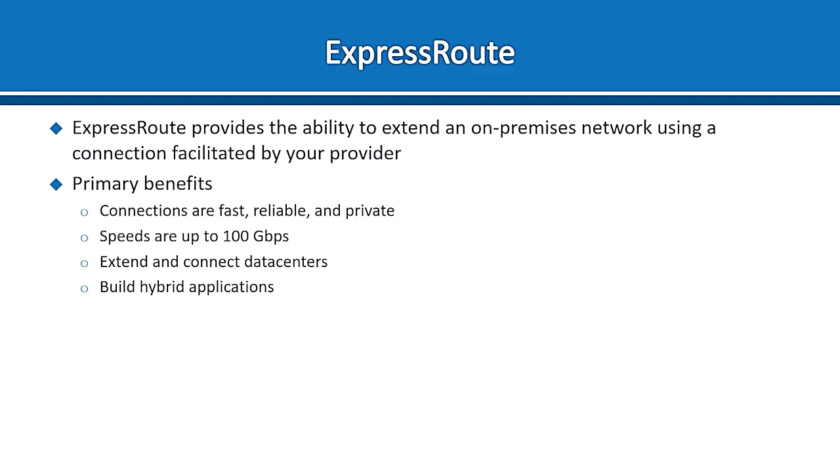These don't go out over the public internet, and they're more reliable, faster, and have lower latencies than your typical internet connection. So if we need very high-speed access, ExpressRoute would probably be the way to go. We have bandwidth speeds up to 100 gigabits per second with ExpressRoute.